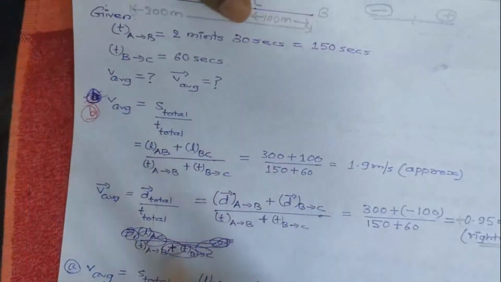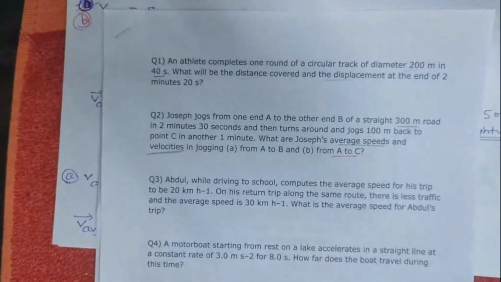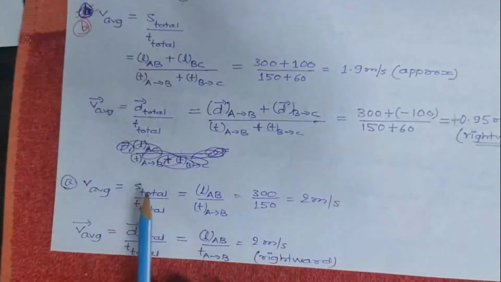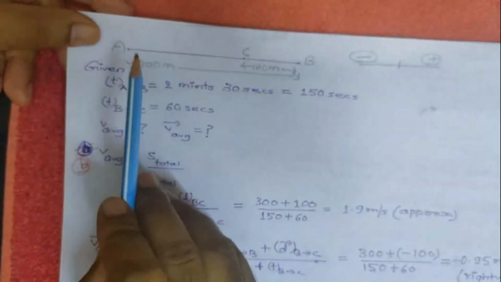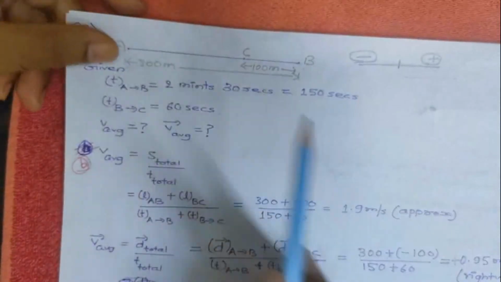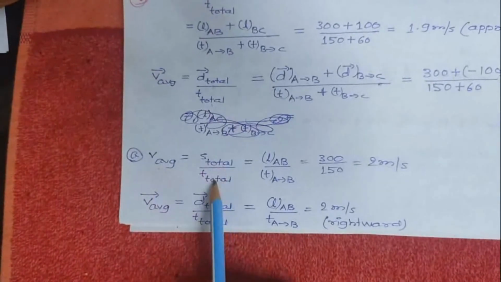Now let us jump on to the a part. It is asking us to calculate the same thing, average speed and average velocity, just for A to B. It is very simple. Average speed is total distance covered by total time spent.